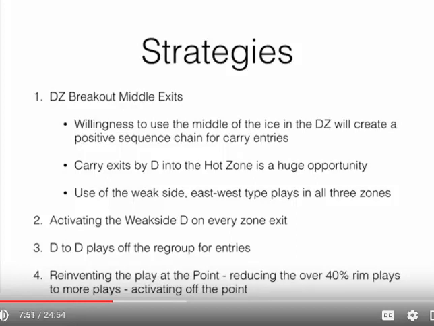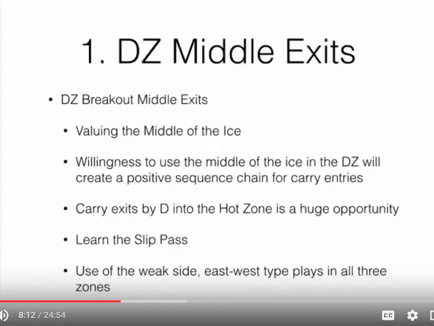One of the problems is we go D to D, but we don't make a lot of plays that get entries, and that has to do with the overall forward mentality of how this play is going to work. And then reinventing the play at the point, reducing the 40% rim plays, and making more activations from the point, more plays.